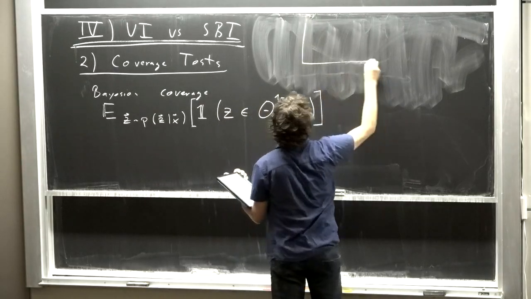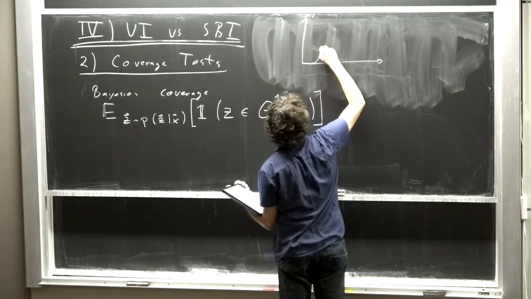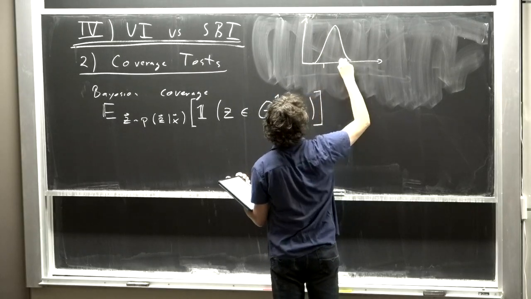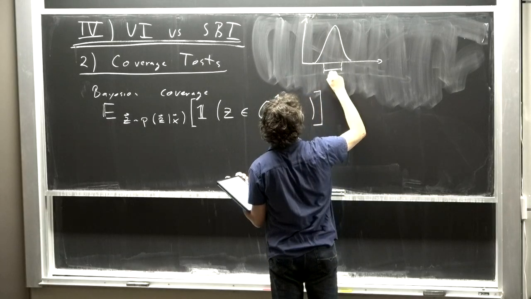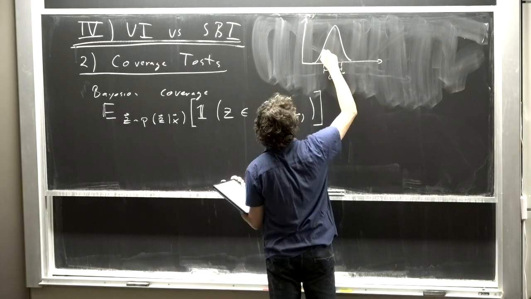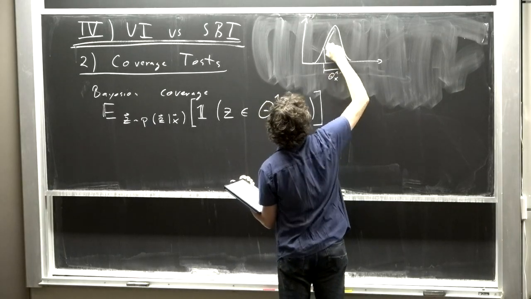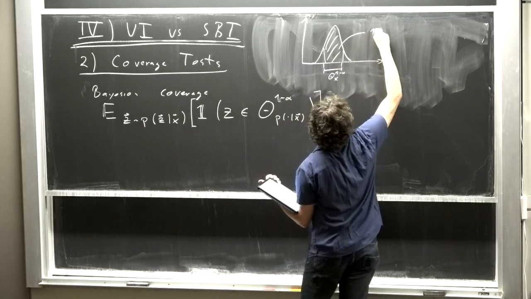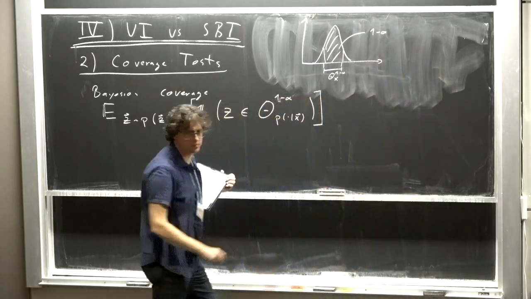So let me show this again. Let's say this is the posterior. Then you could define some region 1 minus alpha for some specific observation x, such that this region contains 1 minus alpha % of the probability.